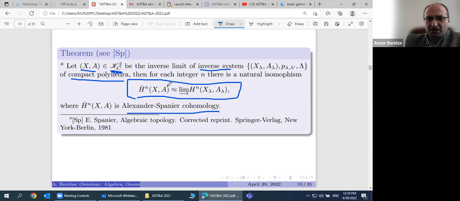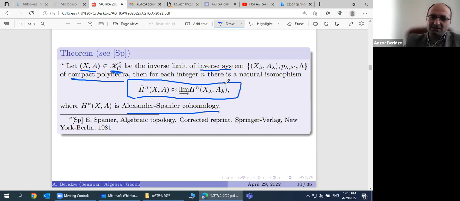And if we have such an isomorphism, such a cohomology is unique. So if we add this property for cohomology on the category of compact topological spaces, this isomorphism characterizes the cohomology on the category of compact topological spaces. So it is quite a large category compared to compact polyhedra.